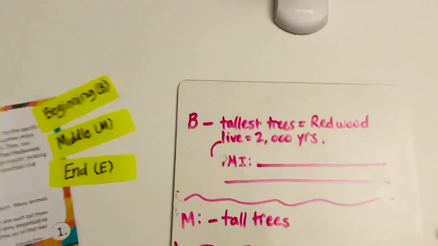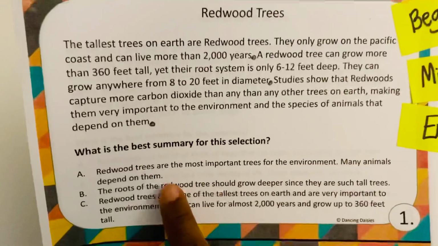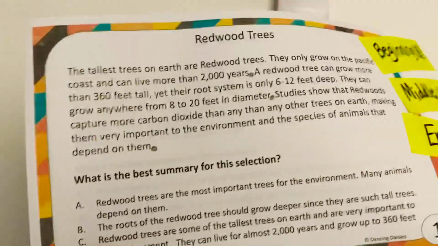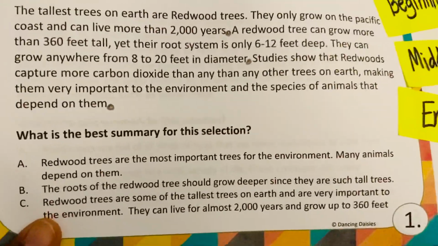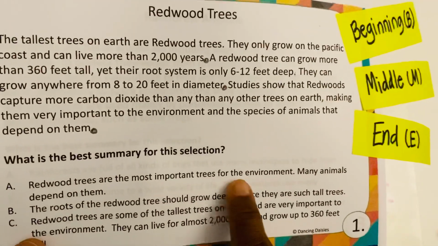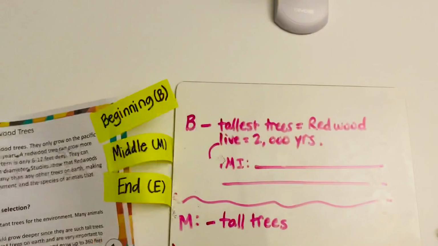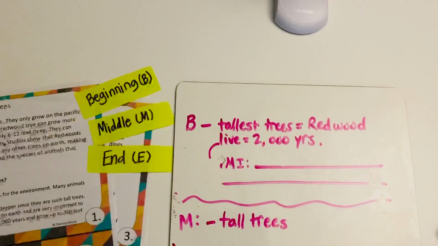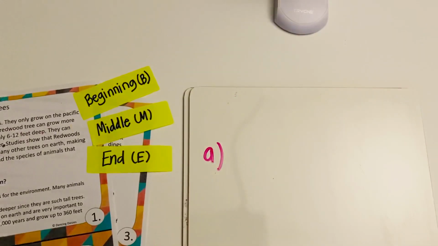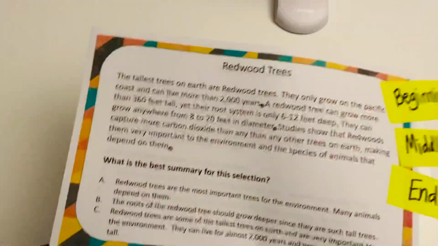Now, did that do a pretty good job of capturing the main idea? Let's see which of these multiple choice questions match that. Okay. A, redwood trees are the most important trees for the environment. Many animals depend on them. Now, if you look at that one, and I'm going to do this on a new dry erase board, choice A, is that the summary of the entire passage?